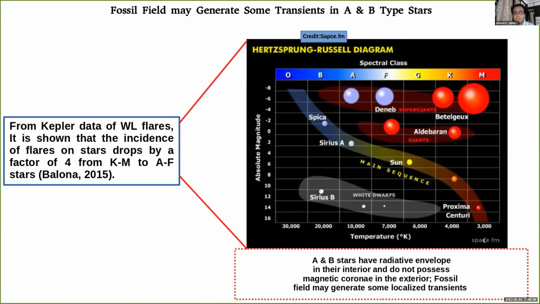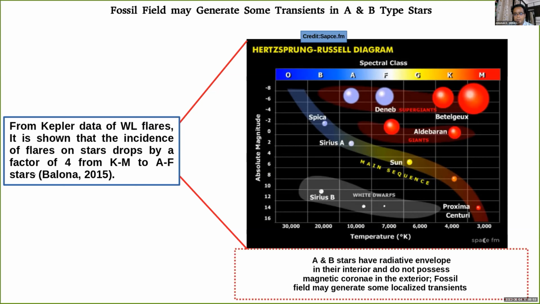But these stars may have a fossil field, which would be a remnant of the star forming process, and it can lead to some localized transients in their atmosphere. But from the Kepler white light flare data, it was shown by Balona that the incidence of flares on stars drops by a factor of 4 from K and M to A and F stars.